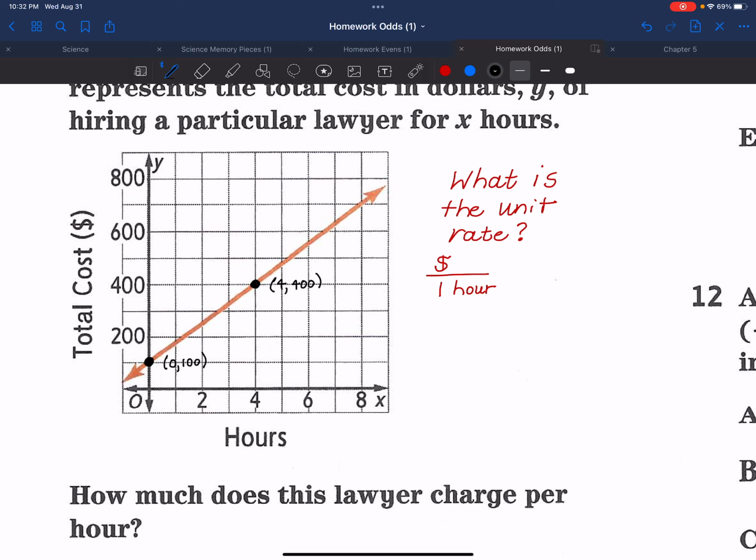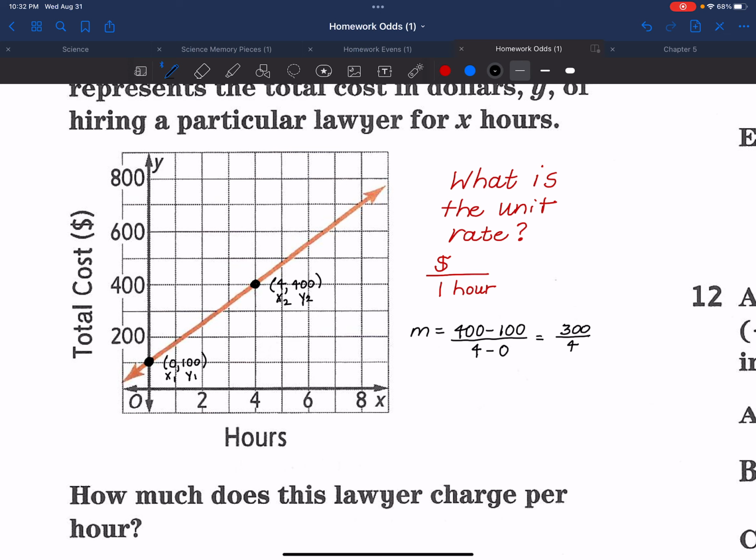Okay, so let's do slope. We have m equals, I'm going to let this be the set of 1s and this be the set of 2s. So y sub 2 minus y sub 1 over x sub 2 minus x sub 1 is 300 over 4.